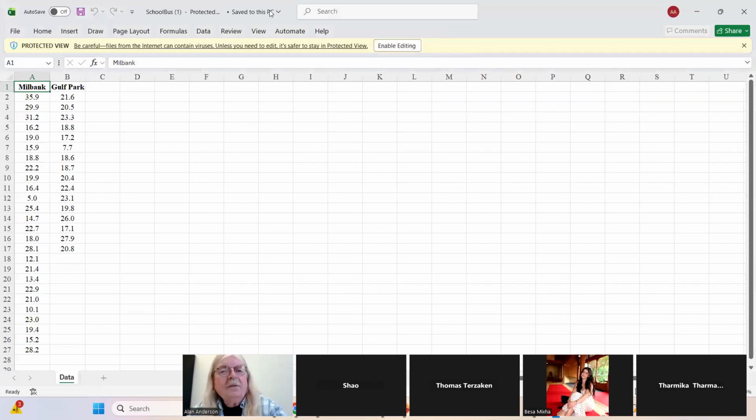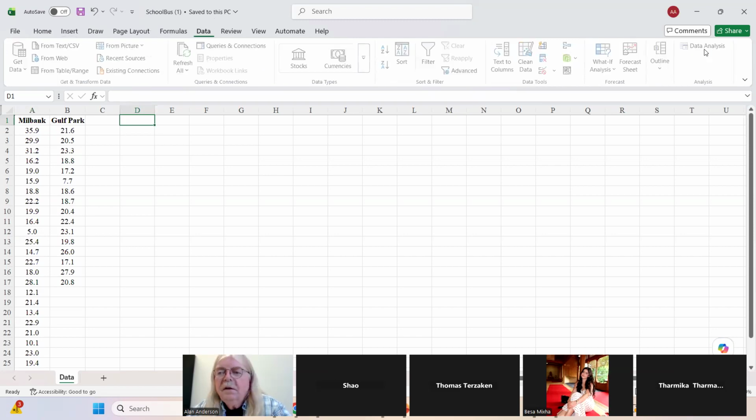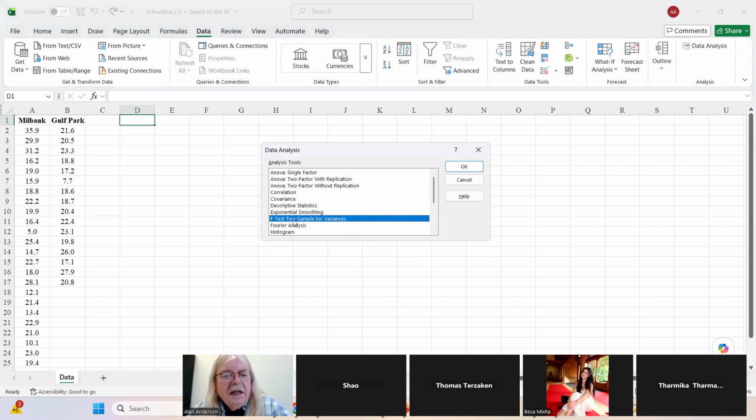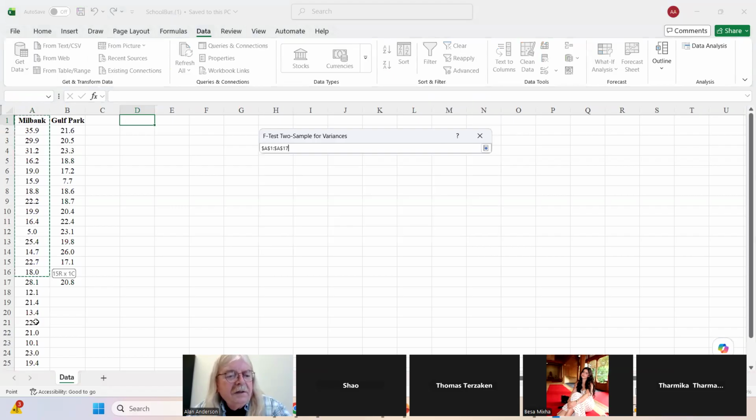All right, so I think this is where I went wrong. You see how it always starts out in protected view. If you hit enable editing, you're fine. But I think I accidentally clicked this off, which means it assumed I wanted to stay out of that mode. So, all right, let's try this one more time. Data, data analysis, F-test two-sample for variances. There we go.